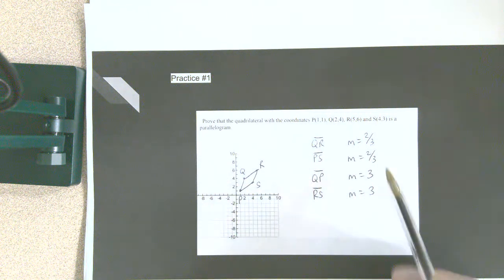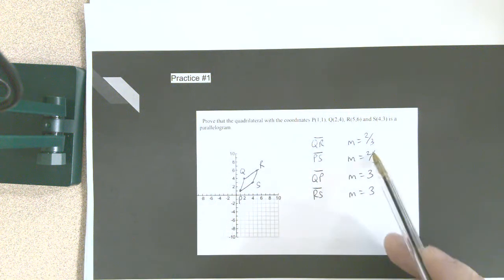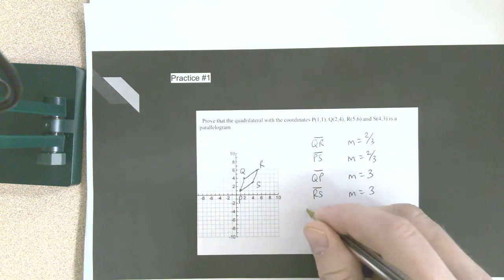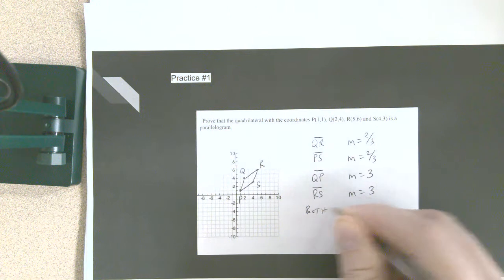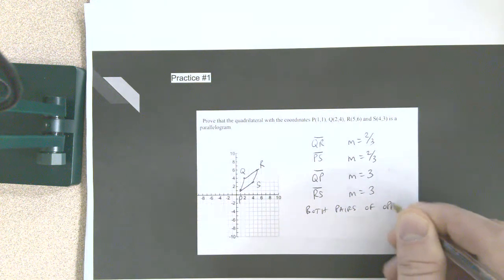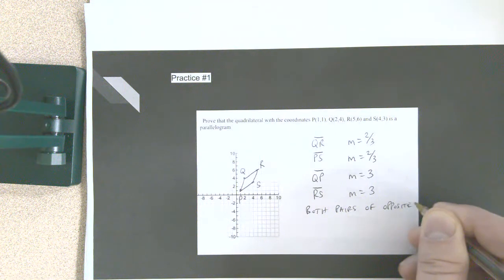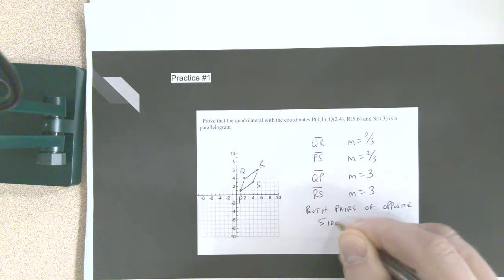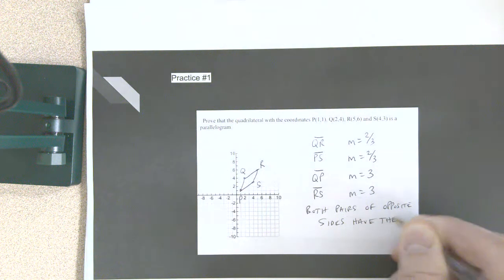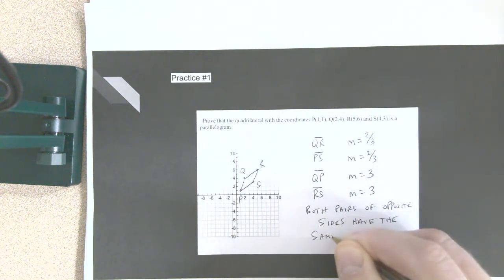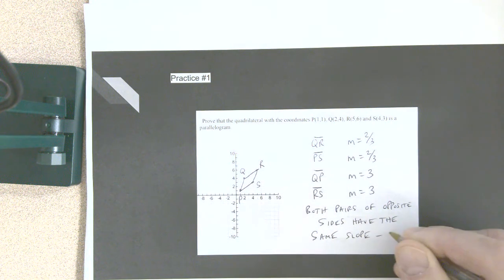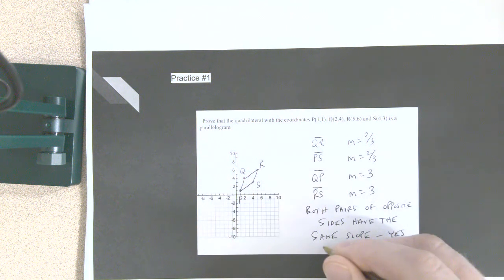So again, notice on this one, both pairs of opposite sides have the same slope. So yes, it is a parallelogram.